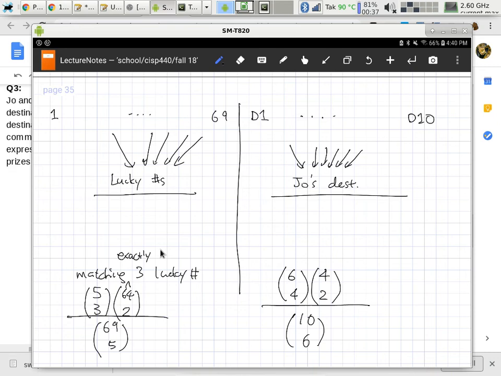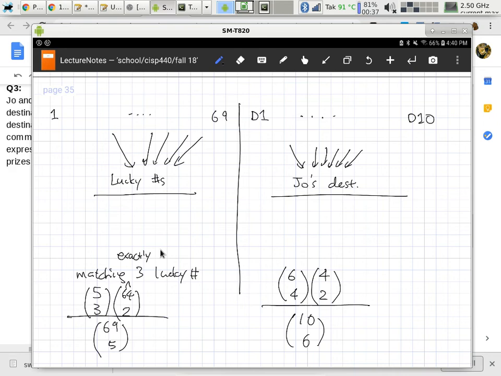Okay, so look at it this way. Look at this as a room that has a divide. You give a travel book to Joe, you give the same travel book to Pat, and then you ask each person to choose 6 destinations out of 10. Is that okay? So Joe has chosen 6 destinations, and you say, okay, this is good, Joe, and then you just hide those 6 destinations behind the wall.